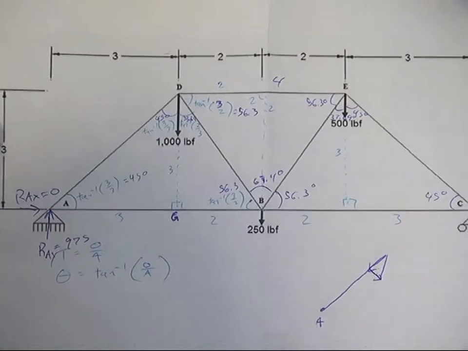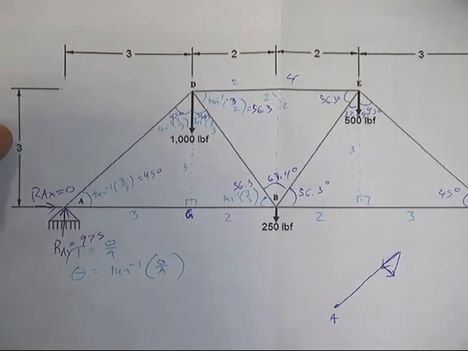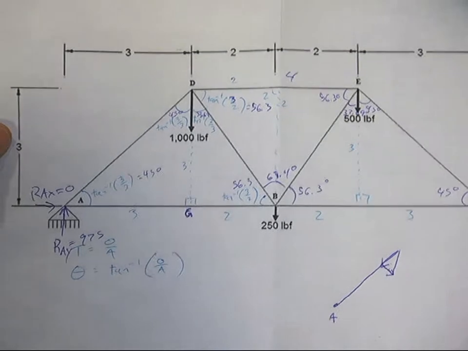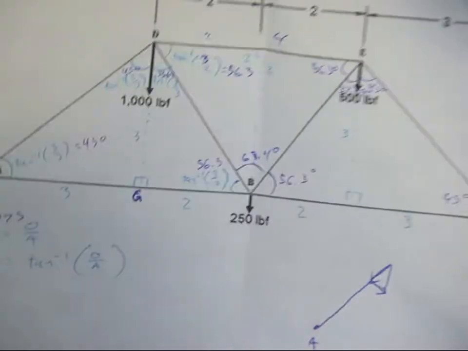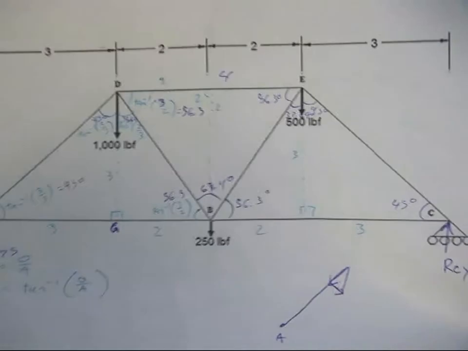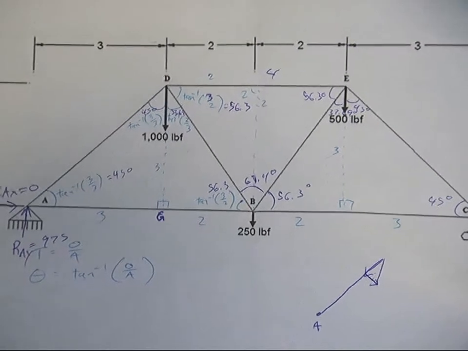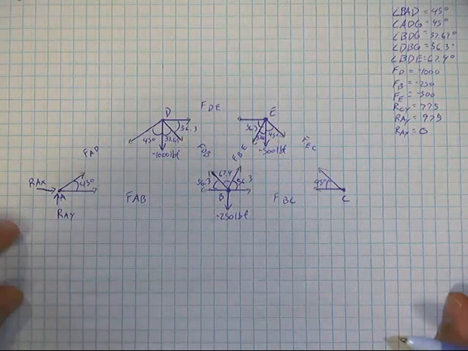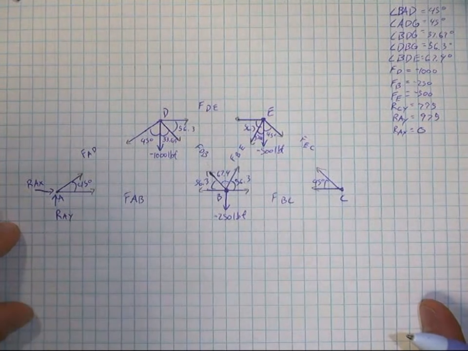Then we summed all the external forces to 0, and that's how we got RAY equal to 975, and RAX is 0. So we went from the original diagram of the truss, and now we've created this document here.